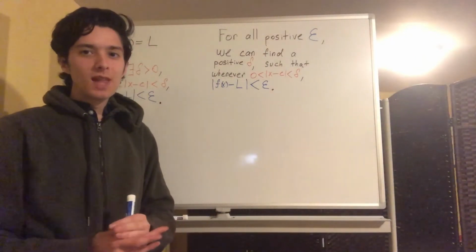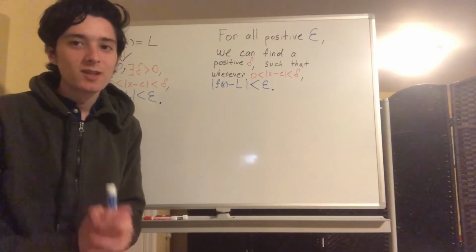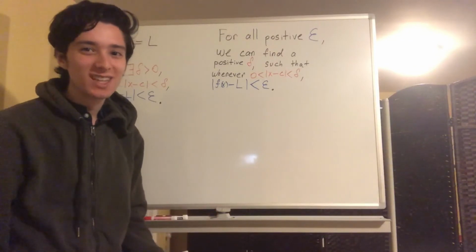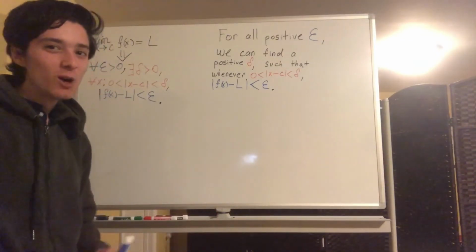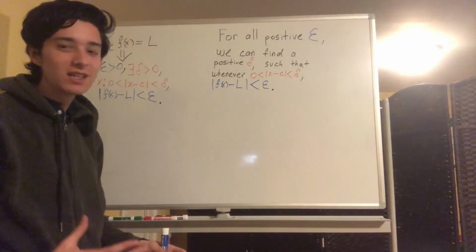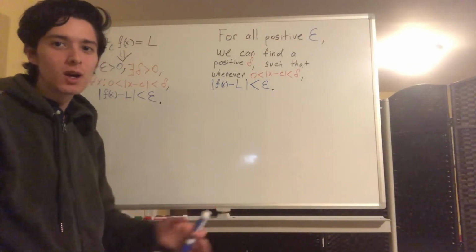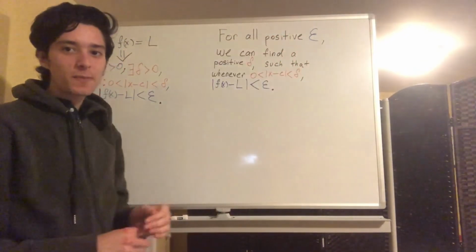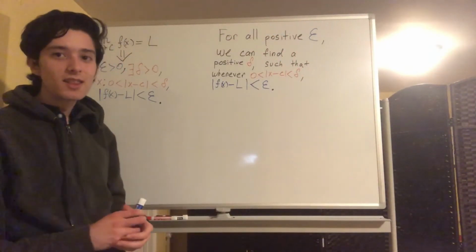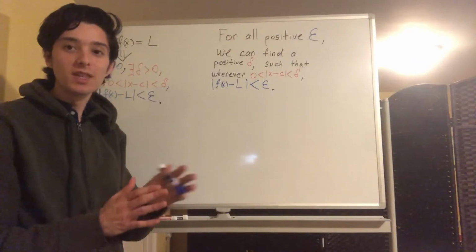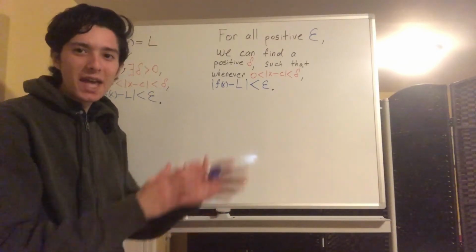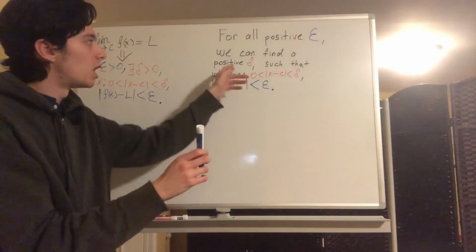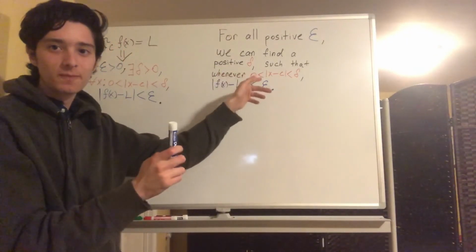And like with my other definitions, if you're seeing this and you're saying, Mark, this is a bunch of words I don't understand, we can think about what this would mean. And this goes with the examples that we were doing before. For all positive epsilon, so that's just the distance that f of x is allowed to be within L. So for any distance that we're letting f of x be within L, we can always find a positive delta.